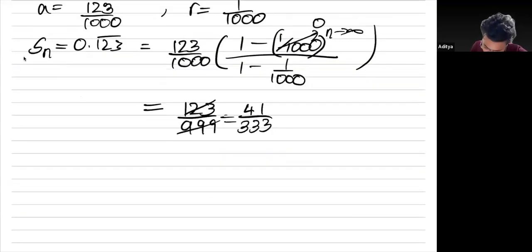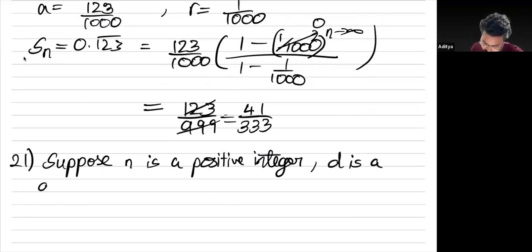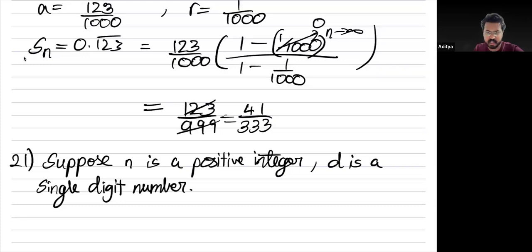So let's try question 21. Suppose n is a positive integer, and d is a single digit number, so it is between 0 and 9.